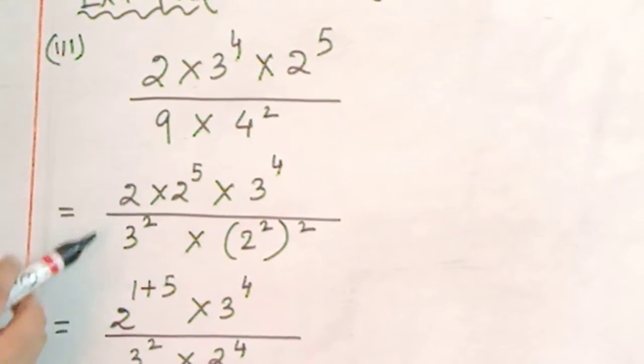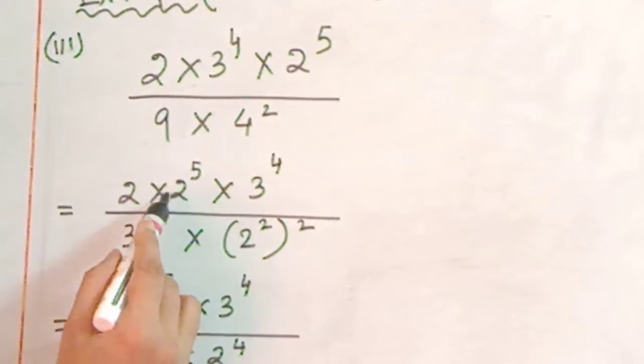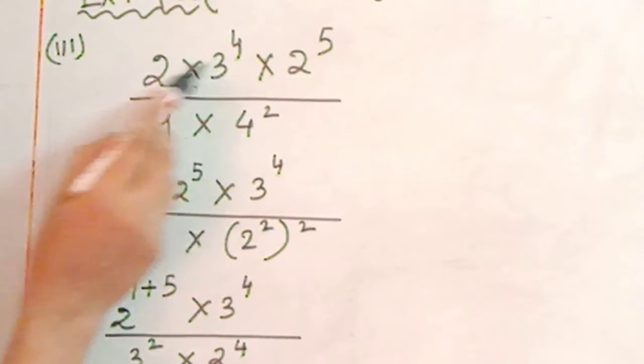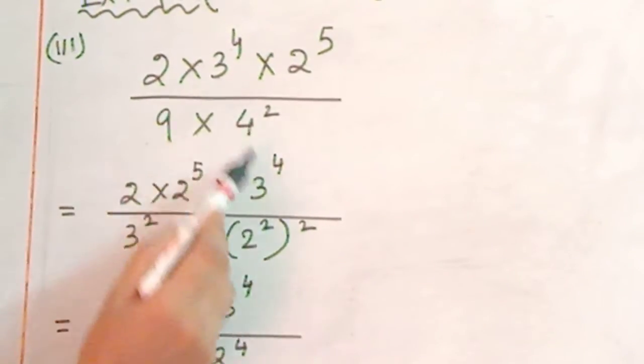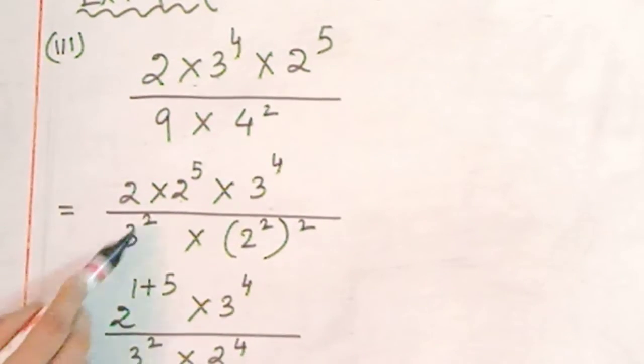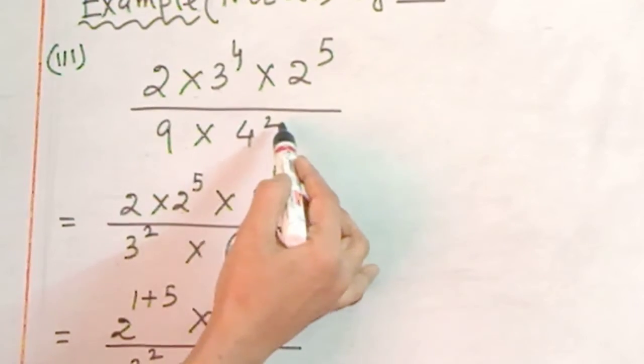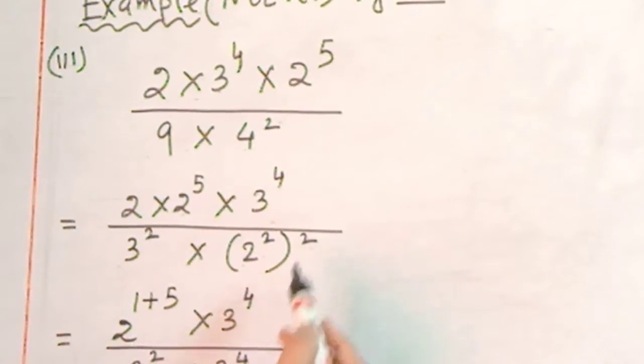So 9, now the numerator all are okay. You will write in this way: 2 into 2 to the power 5 into 3 to the power 4 divided by 9, which means 3 to the power 2, and 4 means 2 to the power 2 whole to the power 2. This 2 power 2 was there, so it is whole to the power 2.